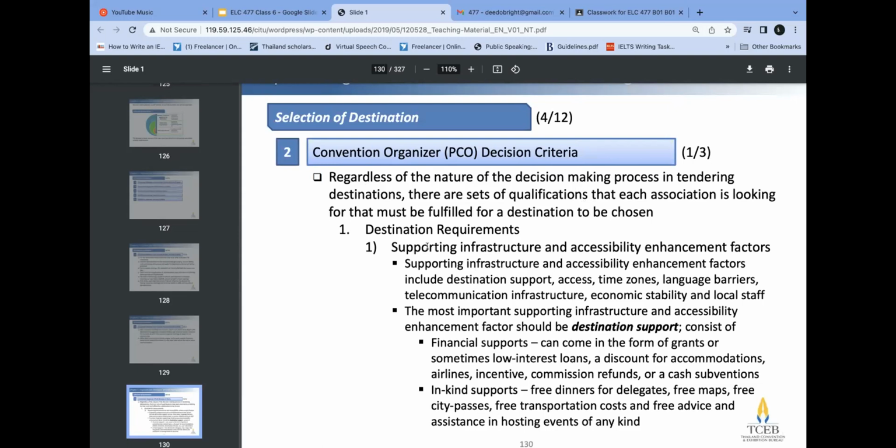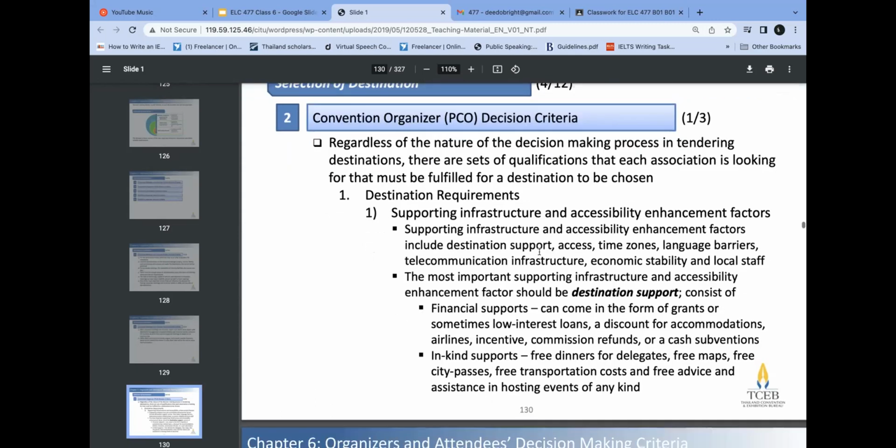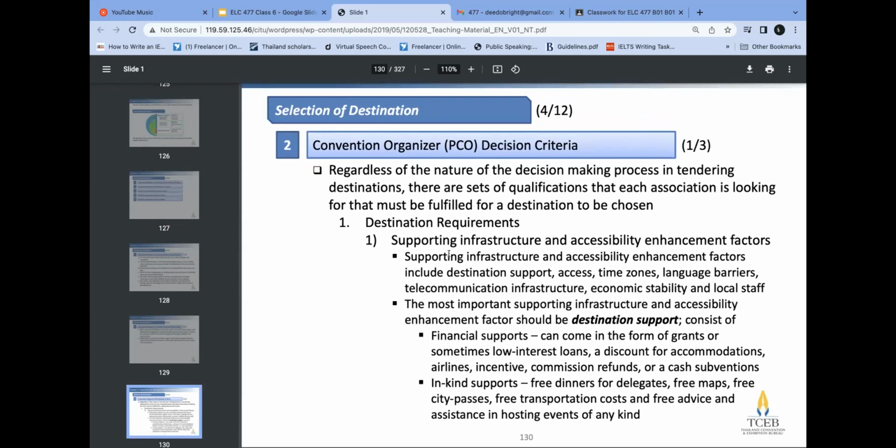The first one is destination requirement: supporting infrastructure and accessibility enhancement factors. This is all about infrastructure, meaning buildings, and also accessibility enhancement factors.